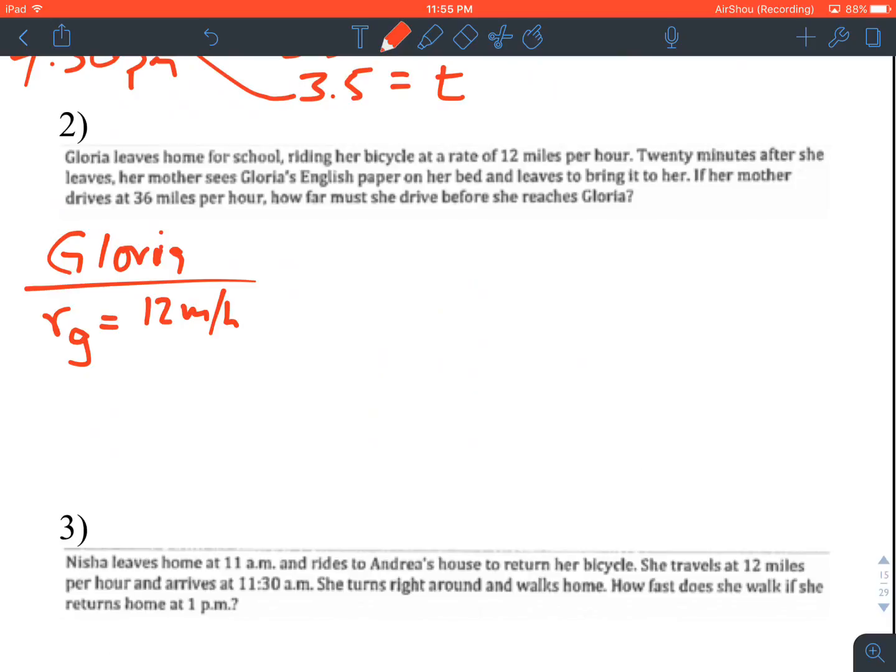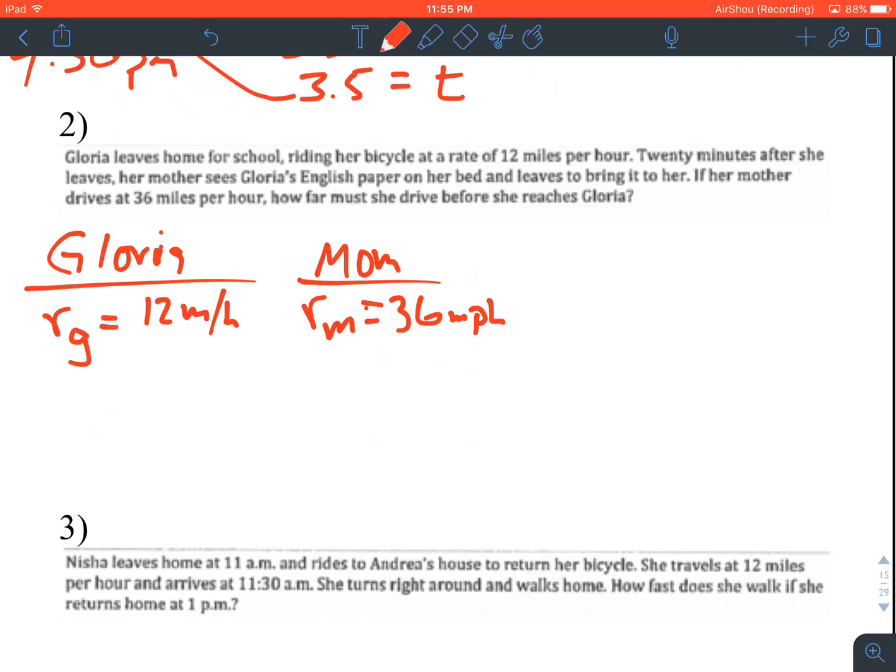So now we got Mom. If her mother drives at 36 miles per hour, so the rate of mom is 36 miles per hour, how far must she drive before she reaches Gloria?